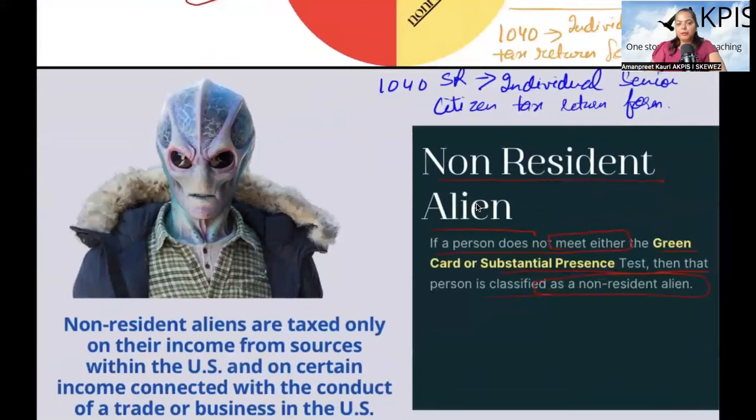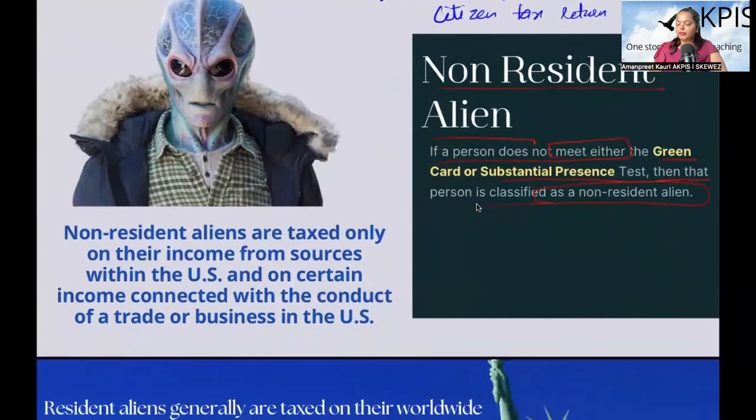But before we proceed towards that part, let me have one more discussion with you. US citizens and those who are resident aliens are supposed to pay their taxes on their entire worldwide income and need to file their income tax returns with the IRS. But what about the persons who are not resident aliens?